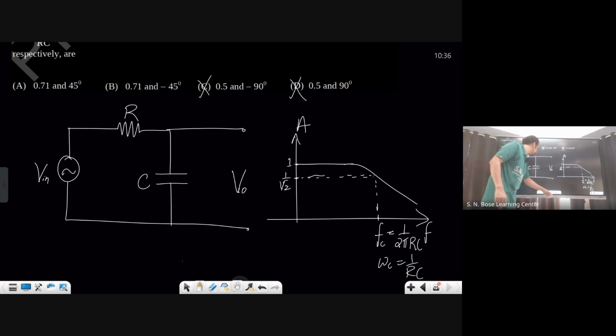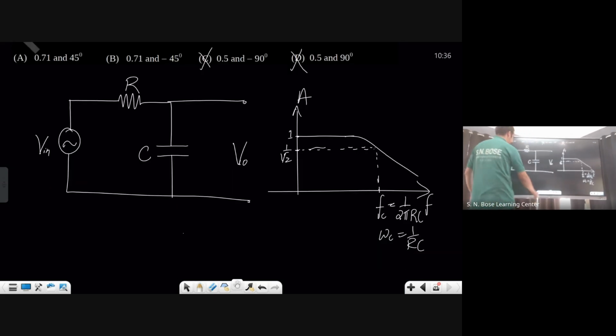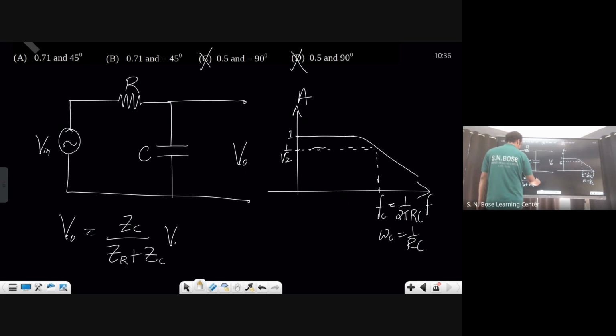Then the next thing is the phase difference. V naught by V in, or V naught, is equal to Zc divided by Zr plus Zc times V in.